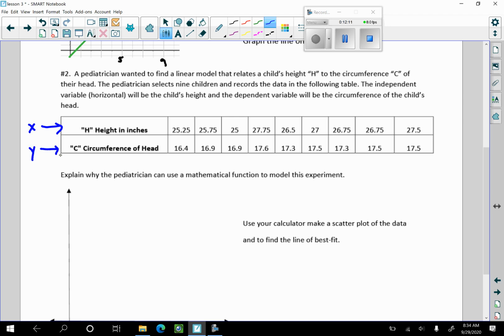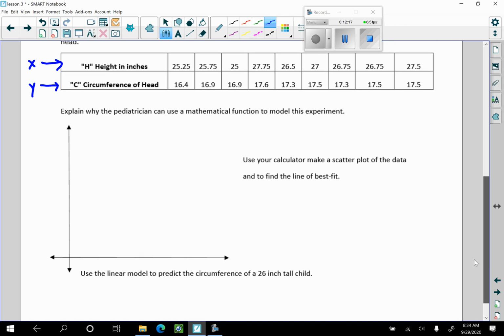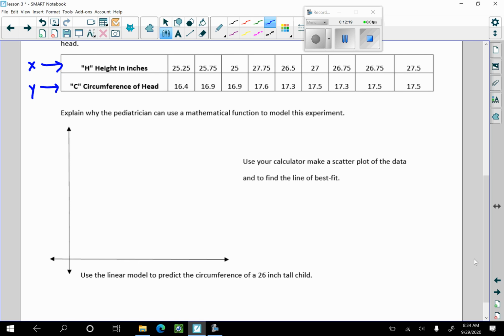So what we're going to do here is plot this data, and we're just going to estimate the data. So here is a way to do this. If you look at the heights, they range from 25 to 27. Here is the way that we can do this and make it a nice graph.